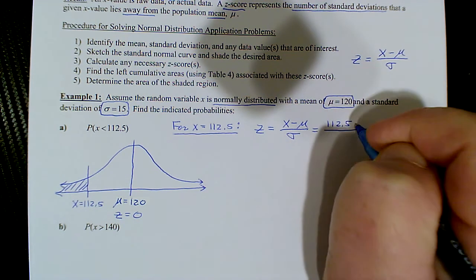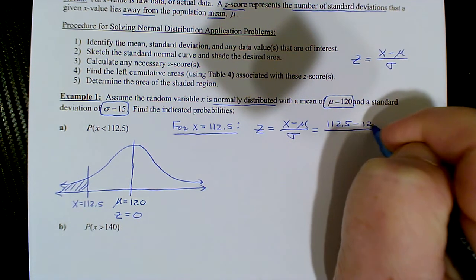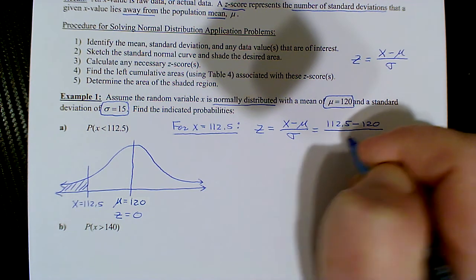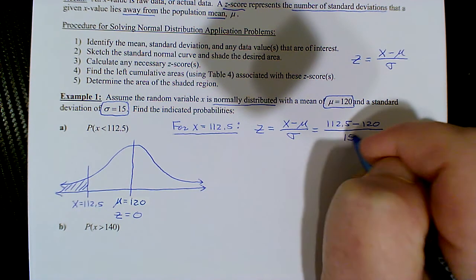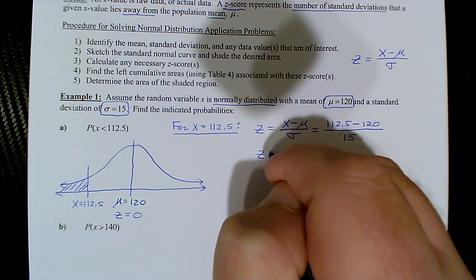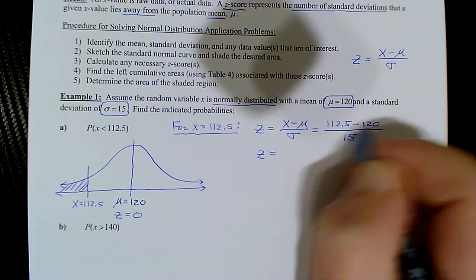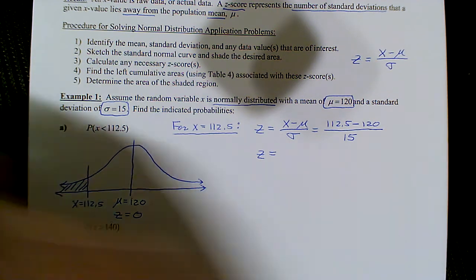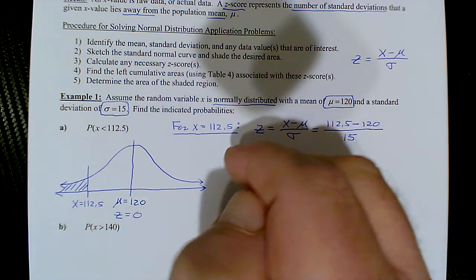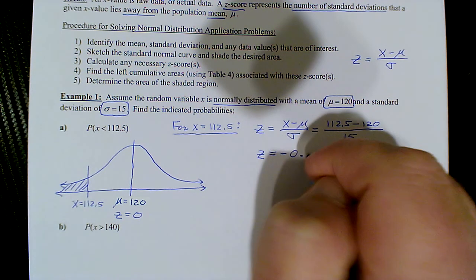So data value x, 112.5, minus the population mean, 120, over the standard deviation, 15. And so go to your calculator. Make sure you press equals after you do the subtraction before you do the division. And we get a z-score of negative 0.5.